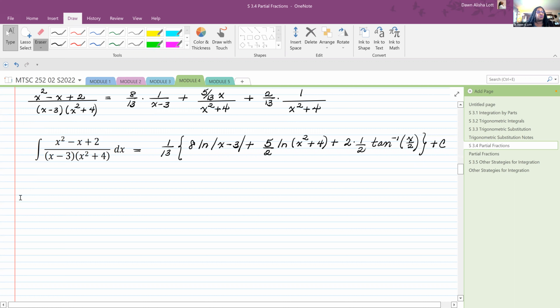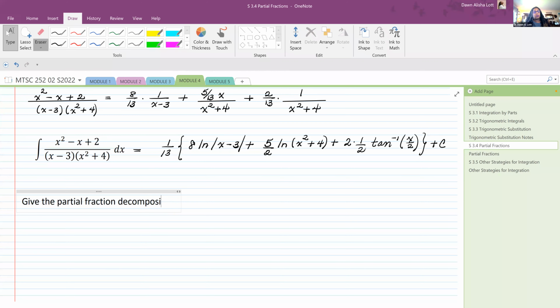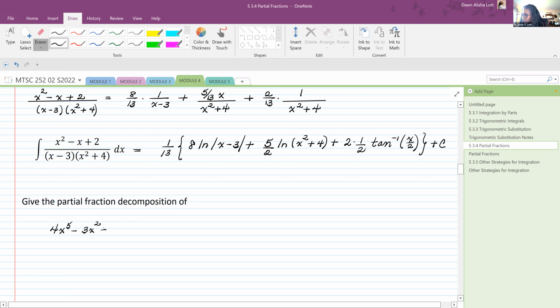Okay, so just for kicks, I want you to give me the partial fraction decomposition of x squared, x minus 4, x squared plus 6, x squared plus 8.